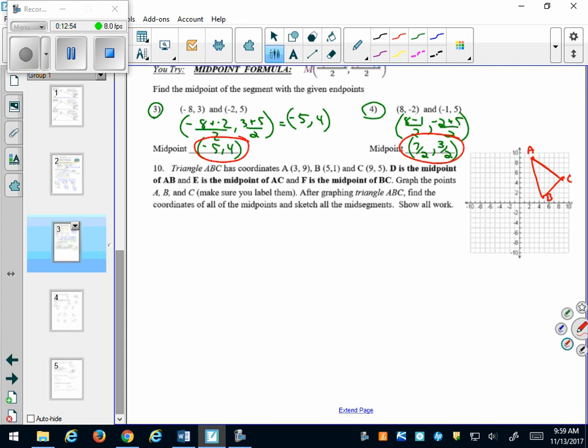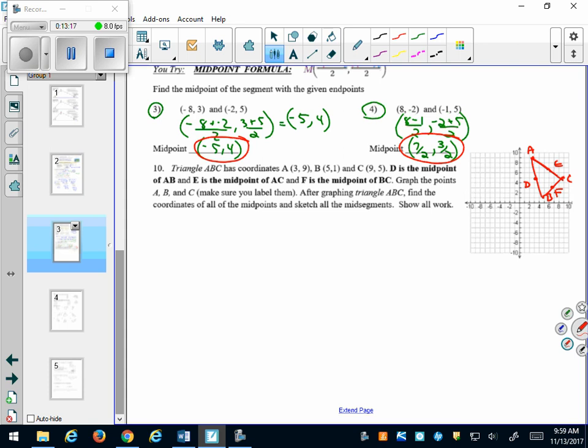D is the midpoint of AB, and E is the midpoint of AC, and F is the midpoint of BC. Graph the points A, B, and C. After graphing the triangle, find the coordinates of the midpoints and sketch the midsegments.